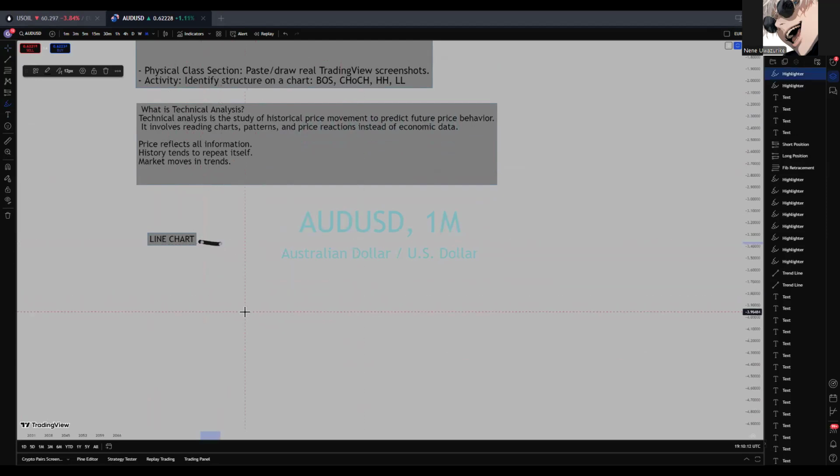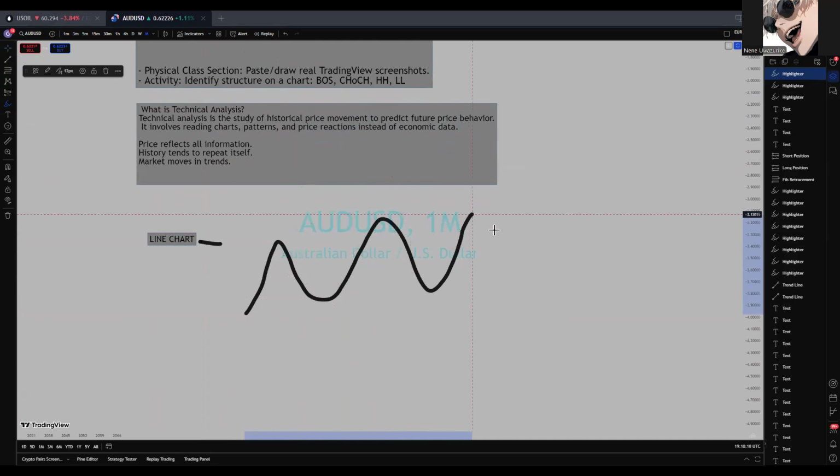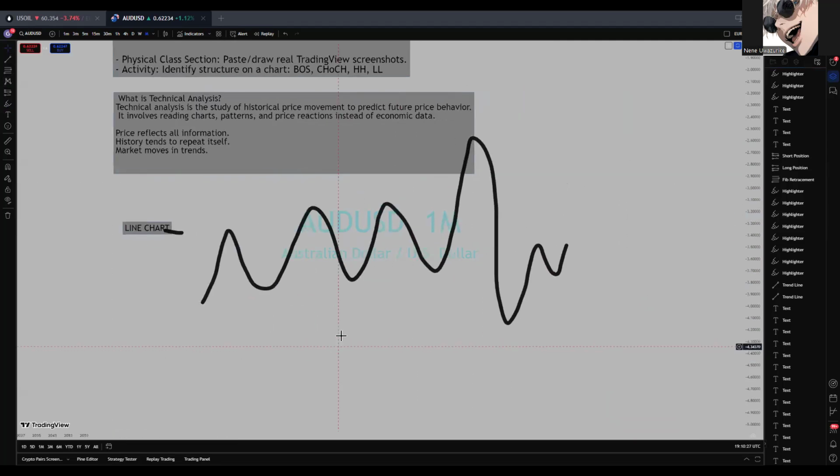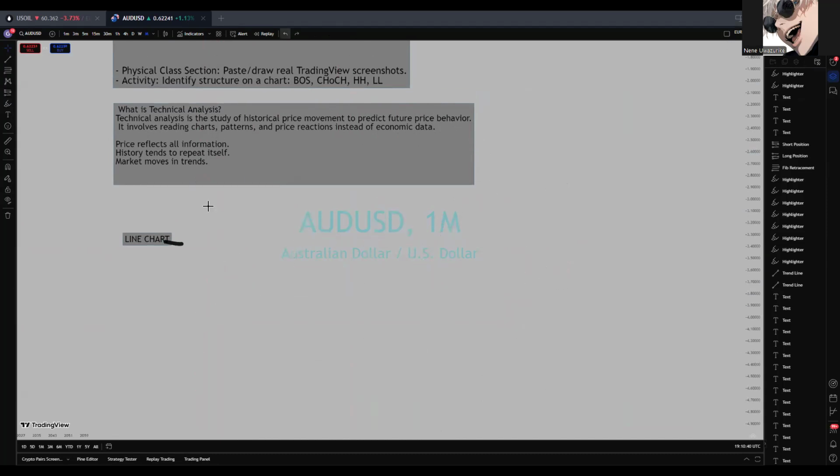These are the price moves for the line chart. Now you notice something: price looks like it's moving in waves. I always tell people, especially those in the science world, that price moves in waves. The line chart just shows you the peaks and the troughs of the price, meaning the highs and the lows.